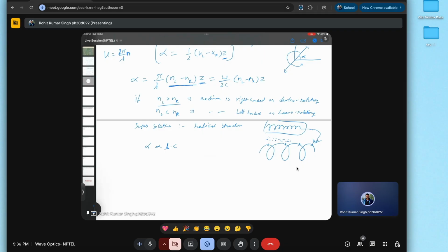So basically, this is how the refractive index manifests here.